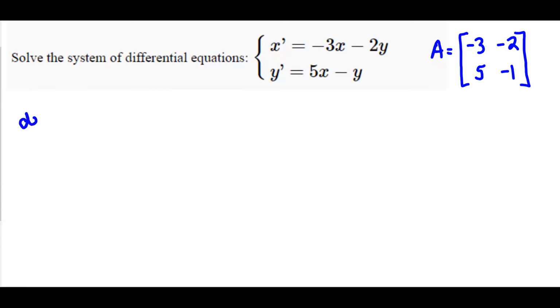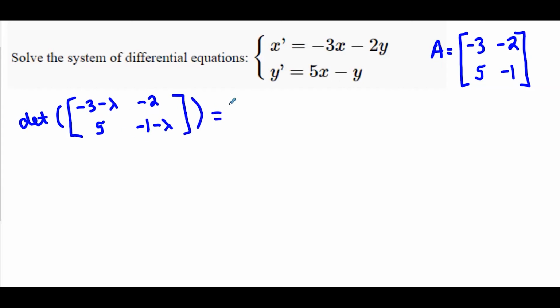So we're going to find the determinant of A minus lambda I, and you just end up subtracting lambda from the main diagonal. So we need the determinant of that matrix.